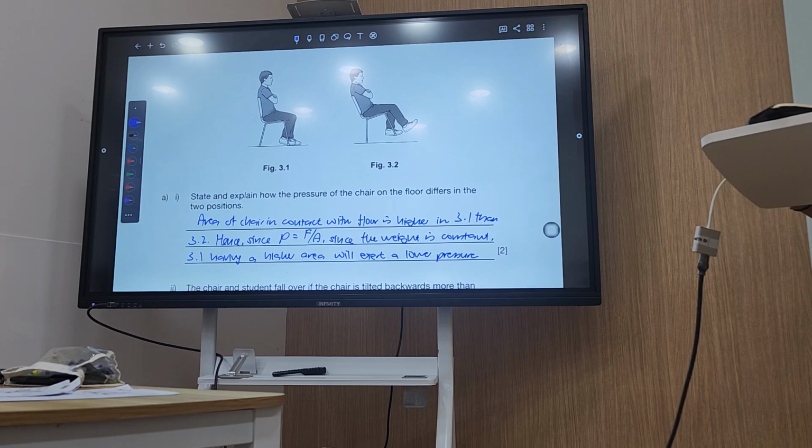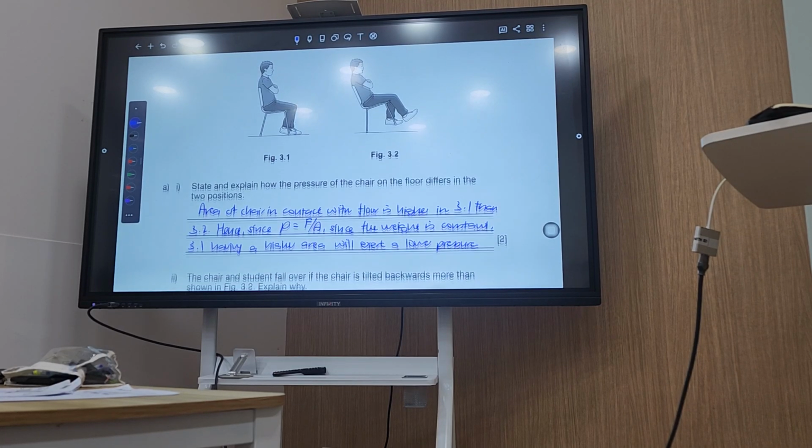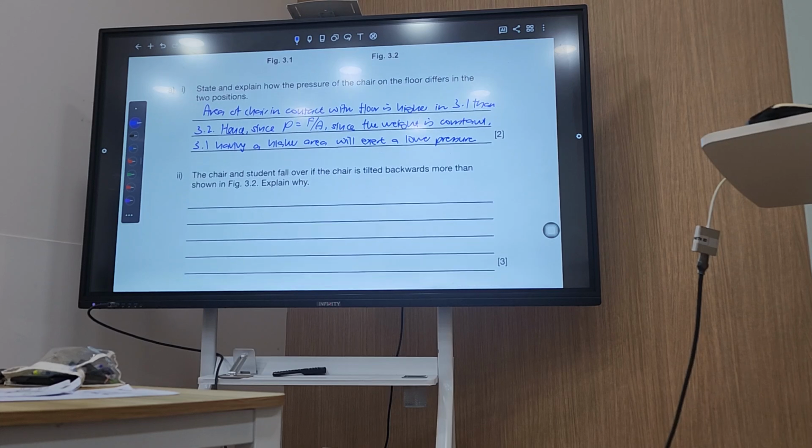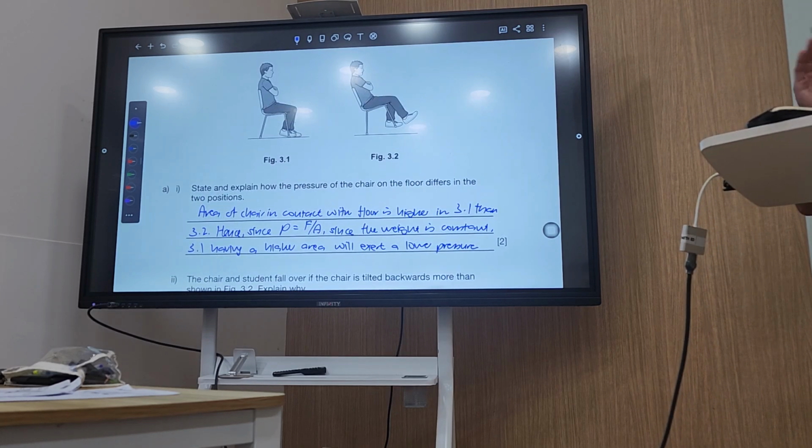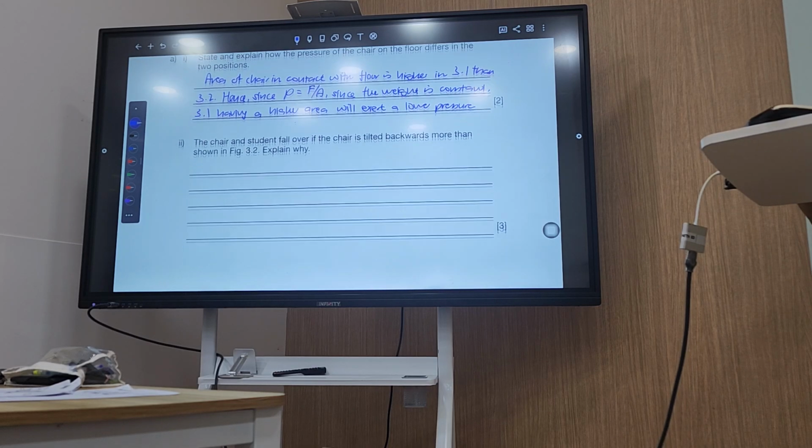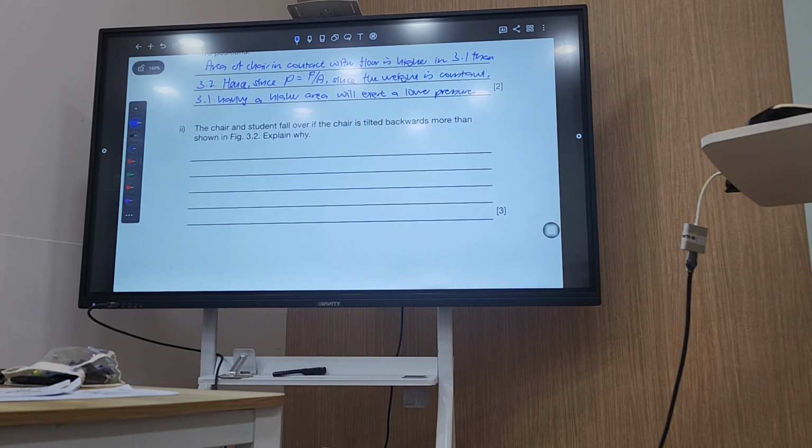He falls outside the line of action of the chair. Okay, we will include the word line of action, but it's not that you fall outside the line of action. The line of action is the thing that falls past your pivot. Yes.